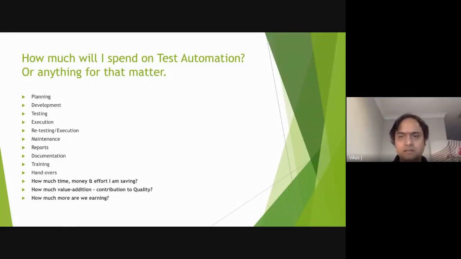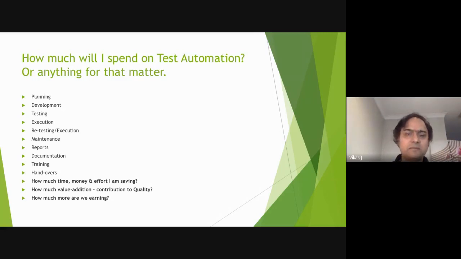So please note, each step in this list is a potential enabler for generating a higher ROI if done perfectly, okay? And it can hinder that also if gone wrong. If any of these steps goes wrong, the return on investment will take a hit.